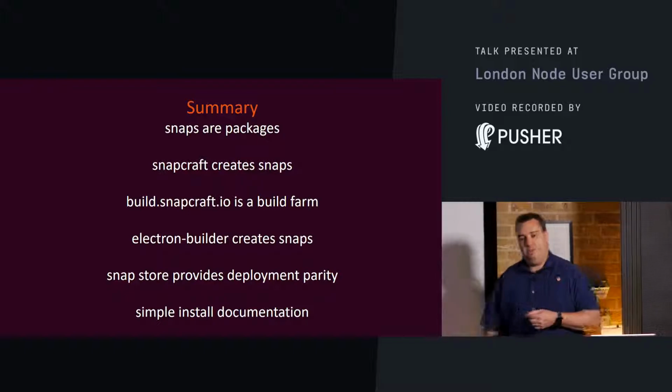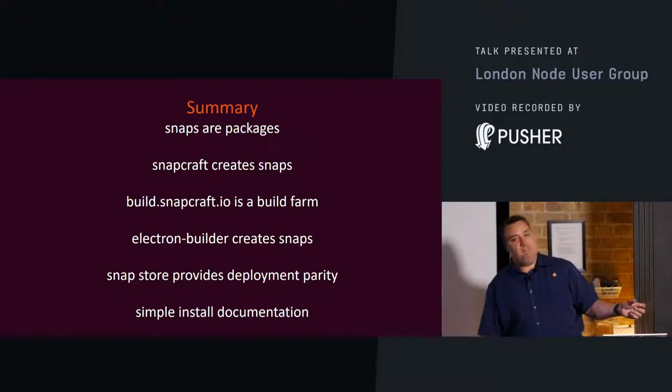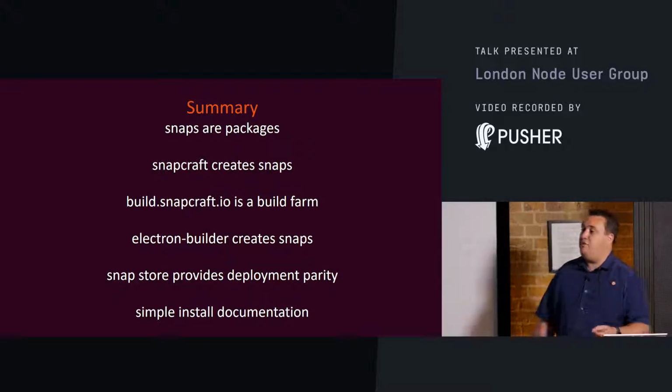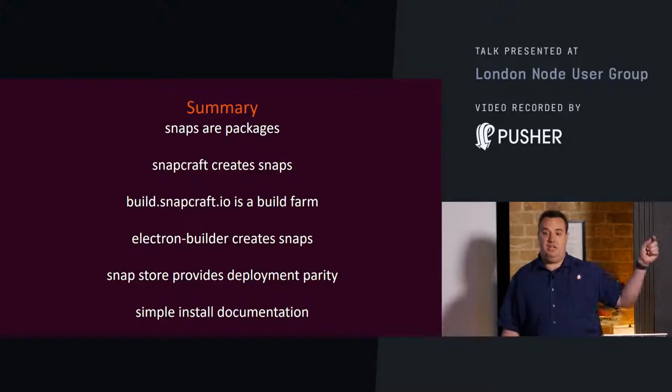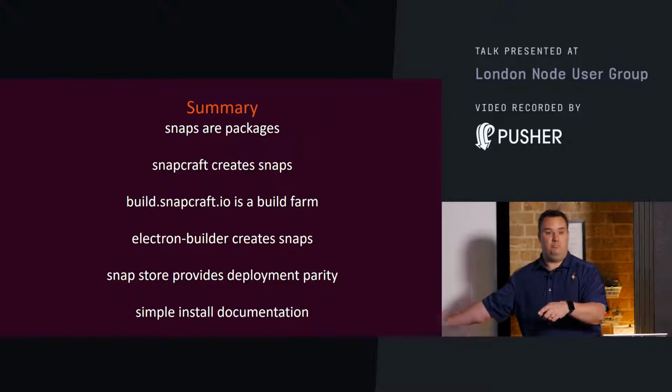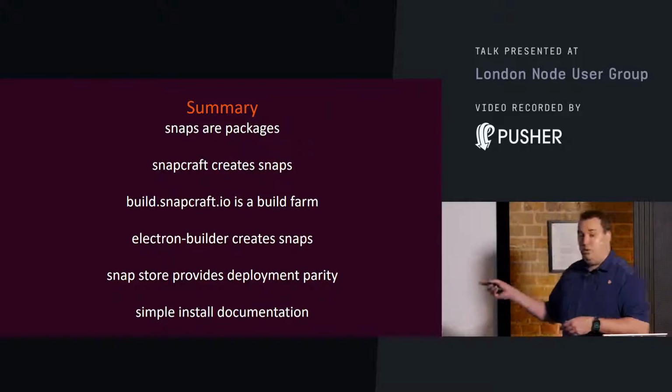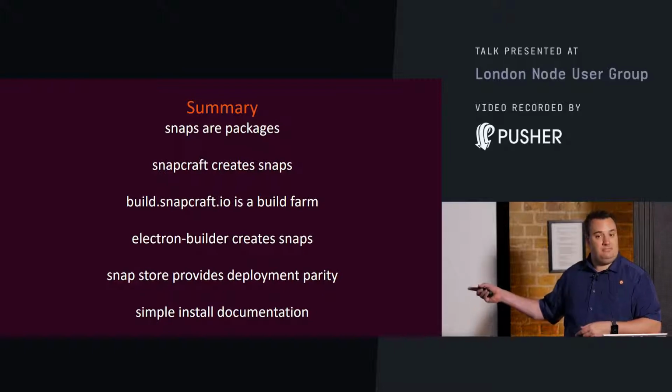So in summary, snaps are packages. Snapcraft creates snaps. Build.snapcraft.io gives you access to our build farm. It connects your Git to our build farm to the store. Electron Builder creates snaps.